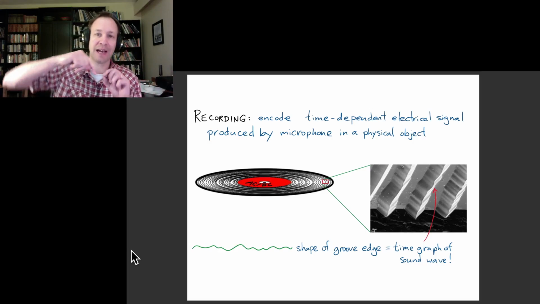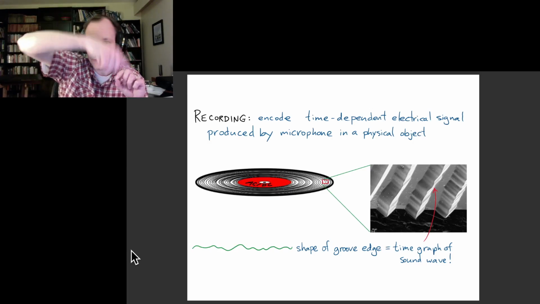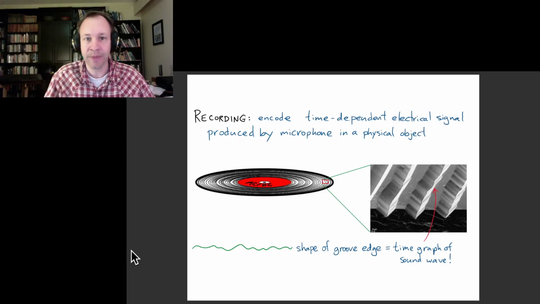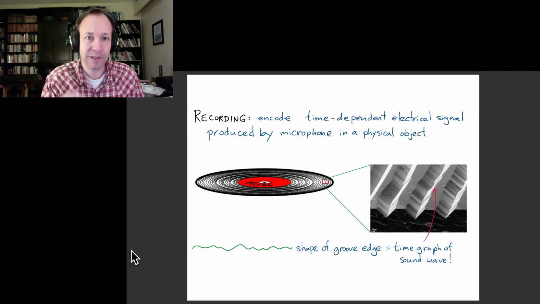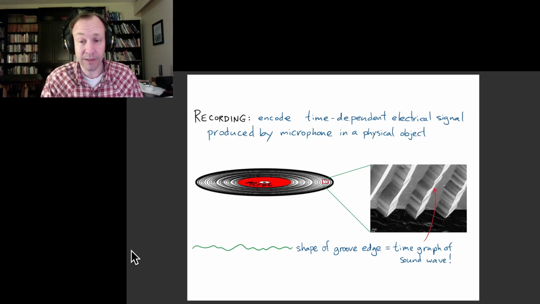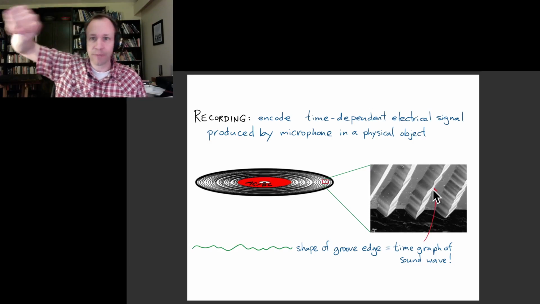So a vinyl record has grooves that go round and round in a spiral pattern on the disc. But if you look very closely at the grooves under a microscope, you see that the edges of the grooves are actually ripply.